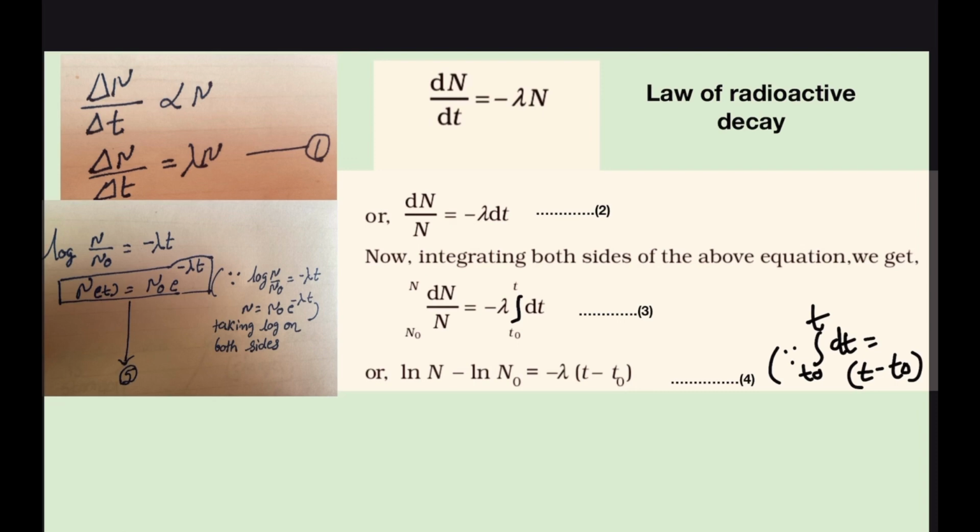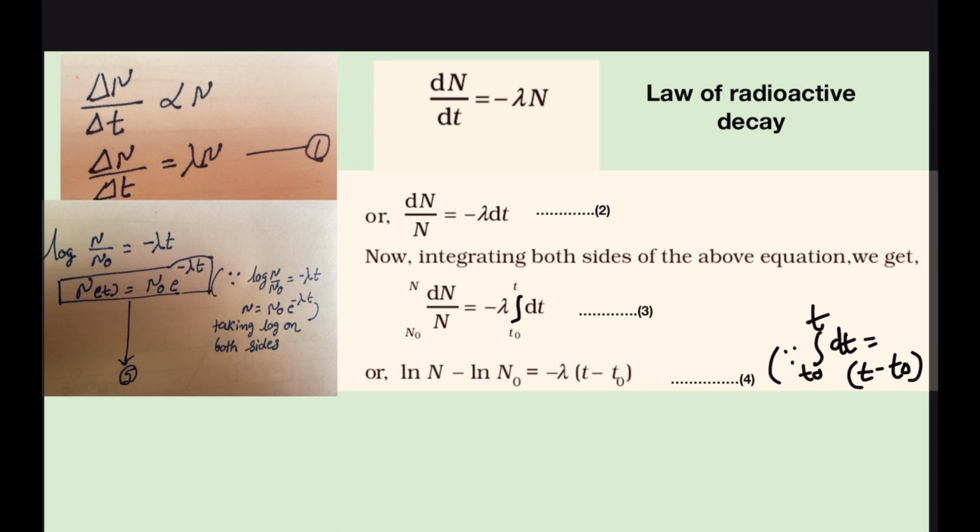Now applying the formula of logarithm, log x minus log y is equal to log x upon y, equation 4 becomes log N by N0 is equal to minus lambda t. To remove the log, we get N by N0 is equal to e raised to minus lambda t, because the base of log is e.